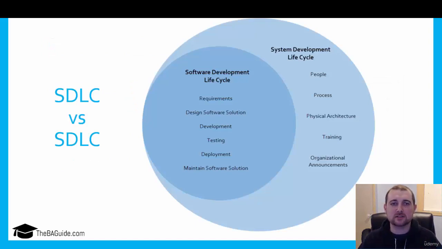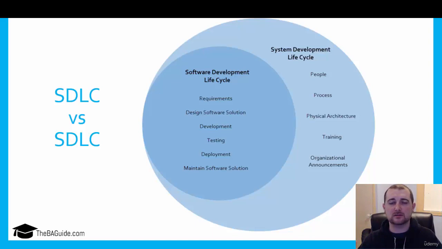So SDLC versus SDLC. In the inner circle, you're going to see the software development lifecycle. Software development lifecycle is walking through the different phases of requirements and designing, developing, testing, deployment, and then maintaining that software. So really that's a more confined type of life cycle, because it's all about creating a software that will help enable that change, that will help deliver that value.